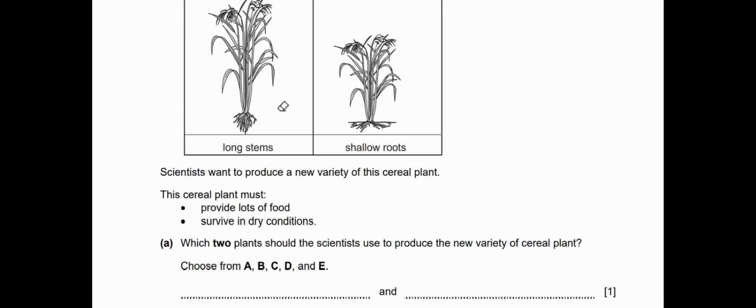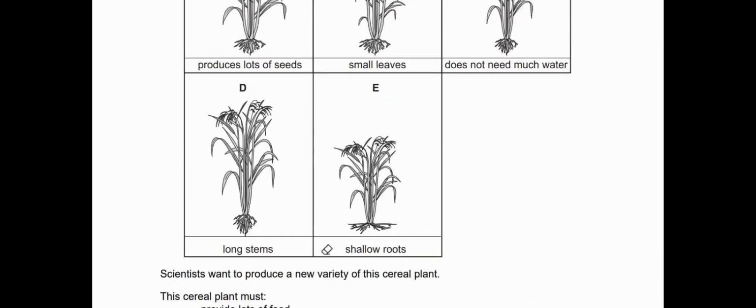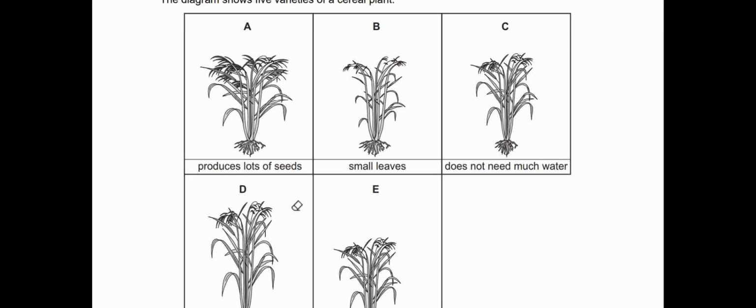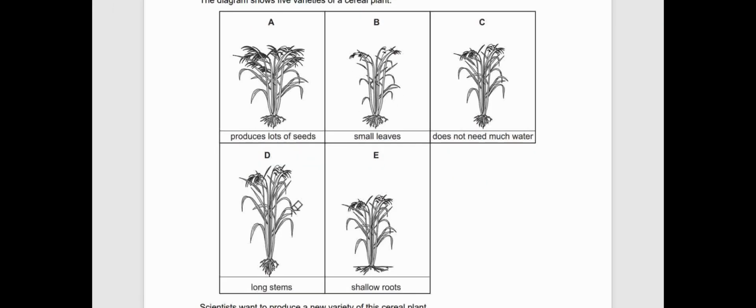This cereal plant must provide lots of food and survive in dry conditions. Which 2 plants should the scientists use to produce the new variety of cereal plants? Choose from A, B, C, D, and E. Well, the answer will be the ones that provide lots of food and survive in dry conditions. So to survive in dry conditions will be this one, because it does not need much water, and this one produces lots of seed. So we have A and C.